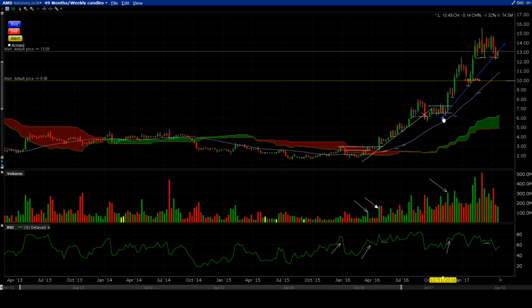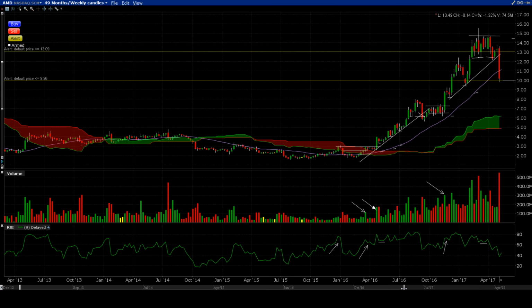You want that wiggle room to be able to go up in case there's a pullback. But when you start getting close to the end with this sideways move and you have a violation of a trend line, well, it's not a valid trend line unless 1, 2, 3, but it would be on the 4th one.